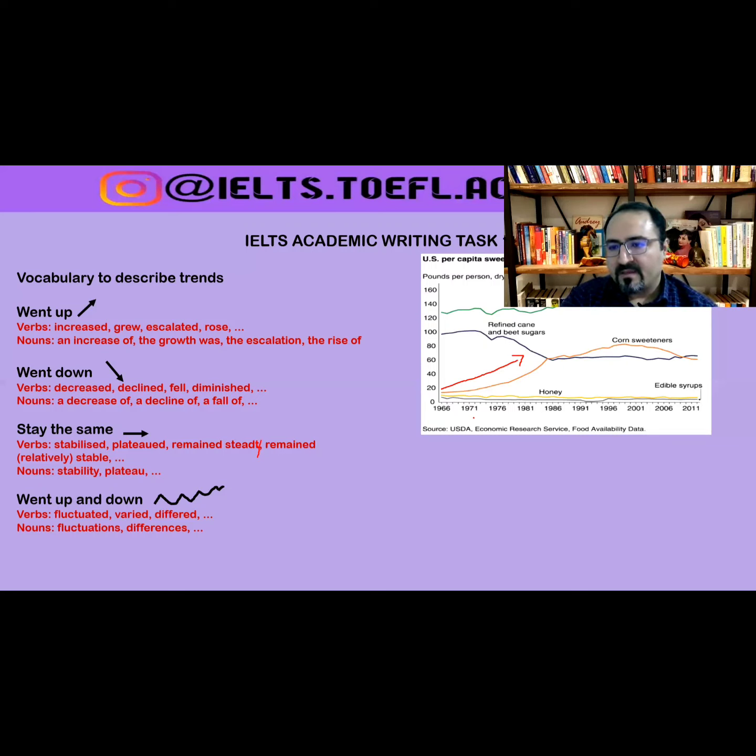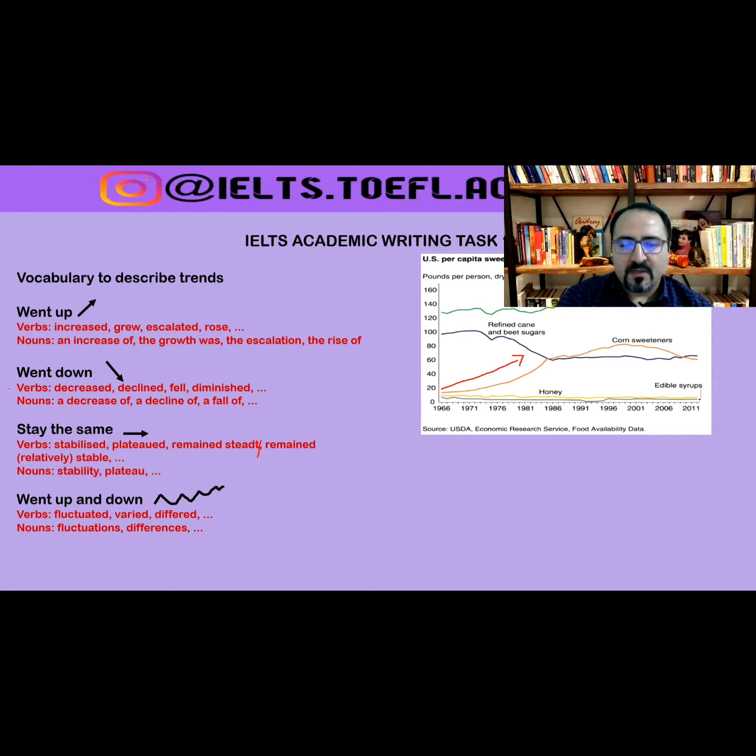Or, for example, the production or sales or whatever of the corn sweeteners increased through the years 1966 to 1980, let's say. So we can use these verbs to show that there was an upward trend.